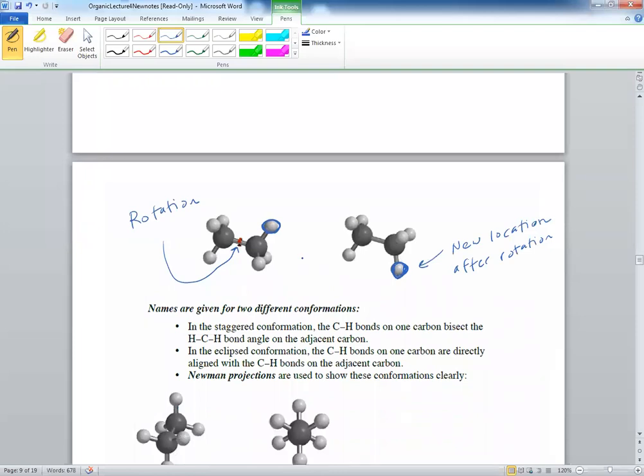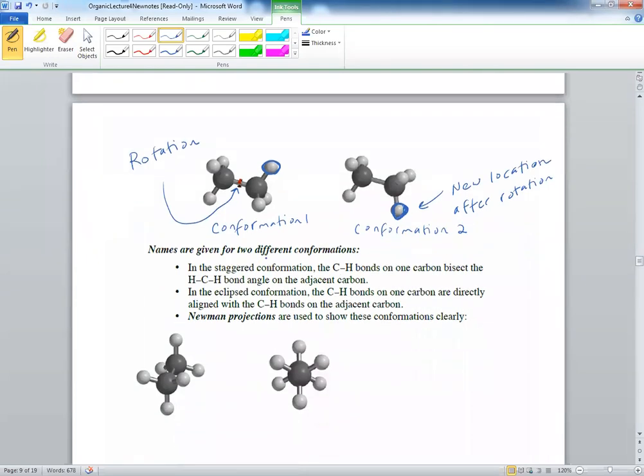So again, this is a conformation. And this is another one, a different conformation. So we can say this is conformation 1 and this is conformation 2. The names are given for two different conformations.